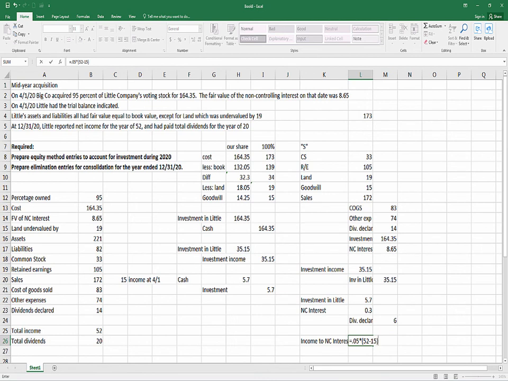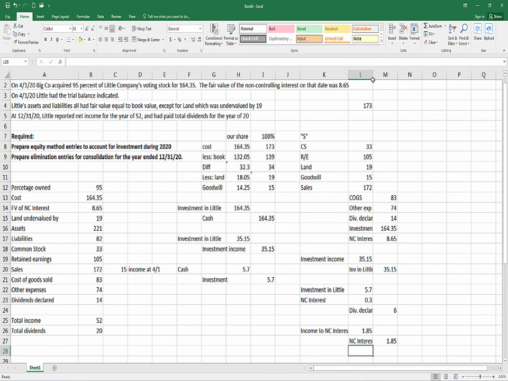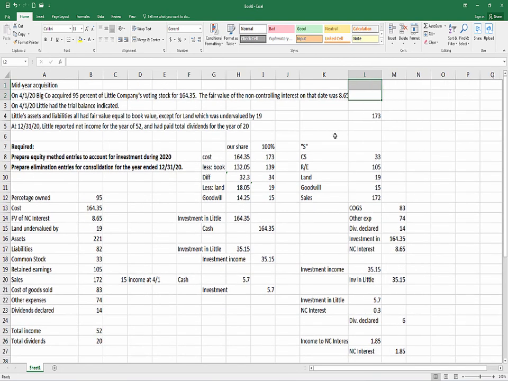So there was $37 of income subsequent to April 1st. That is what goes to the non-controlling interest. Okay. So there's a solution to the mid-year acquisition problem.